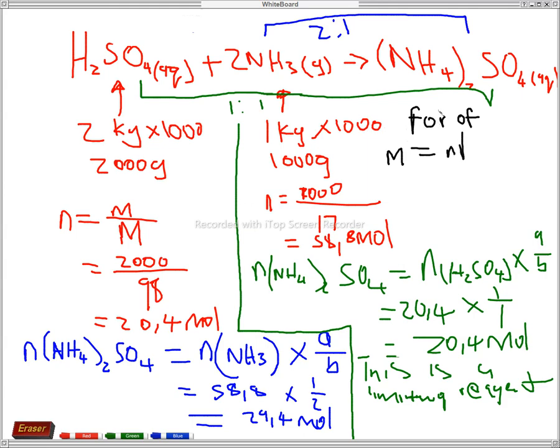The number of moles we have is 20.4 multiplied by 132, which is the molar mass for ammonium sulfate. You understand? Molar mass for ammonium sulfate. So you get your mass as 2.69 kg.